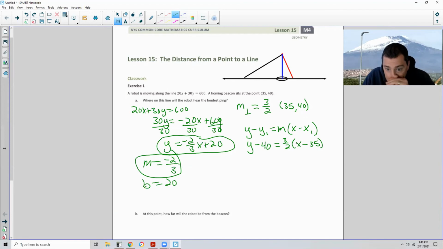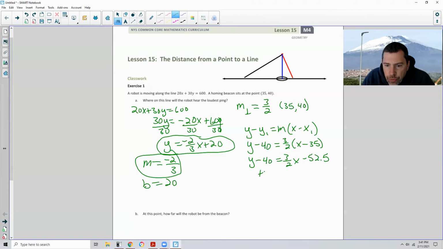And if I wanted to put that in slope-intercept form, then all I have to do is continue with the simplification here and distribute and get 3/2 x minus 52.5.